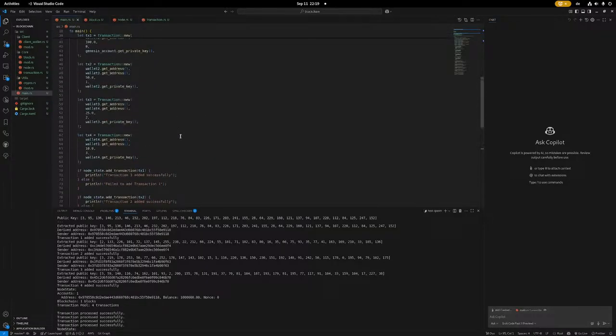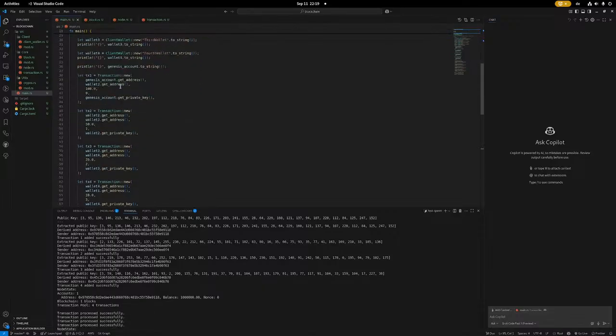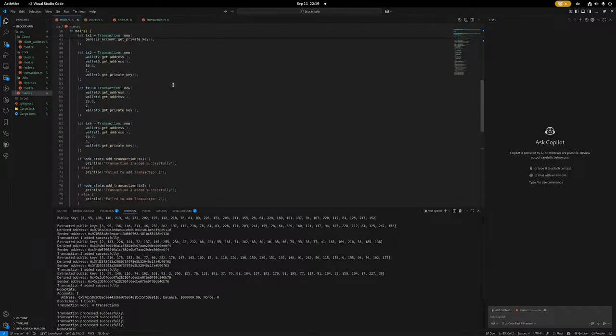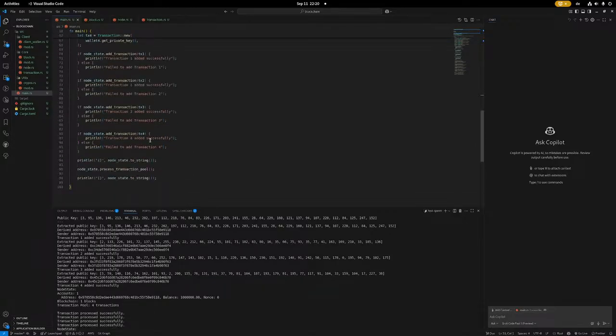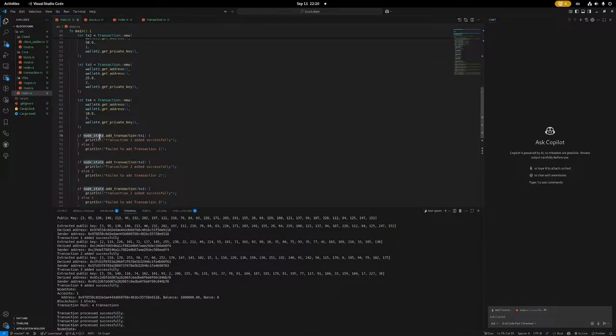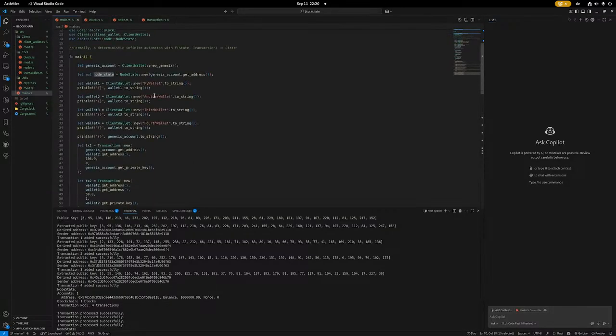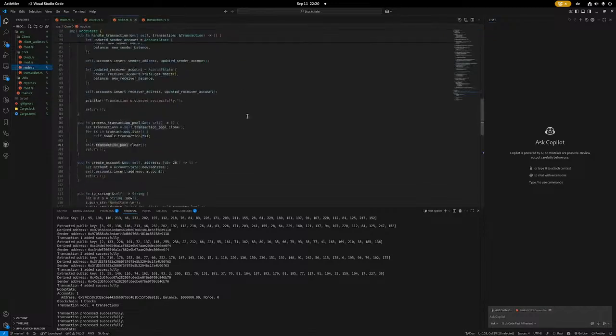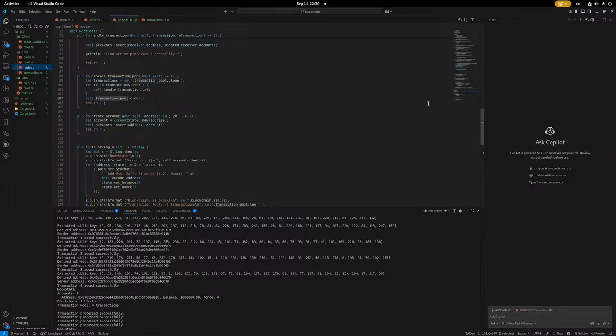So where are we now? Node state, yeah, we're on transactions. We're running the transactions. So node state, node. And the node has a couple of blocks.